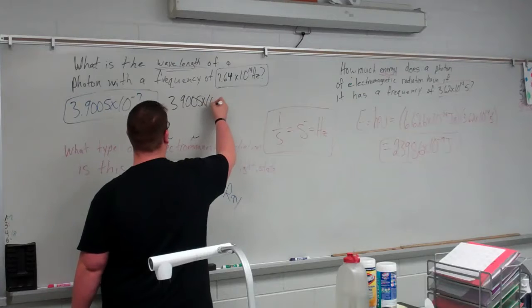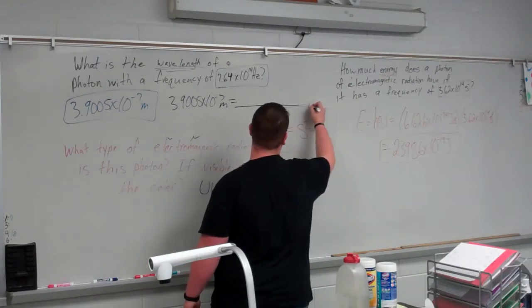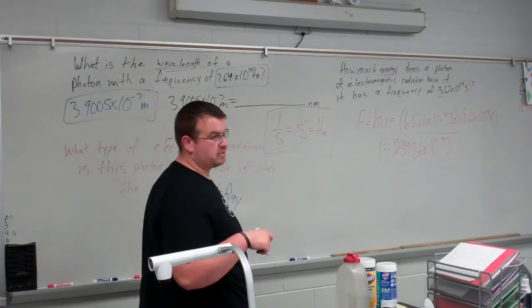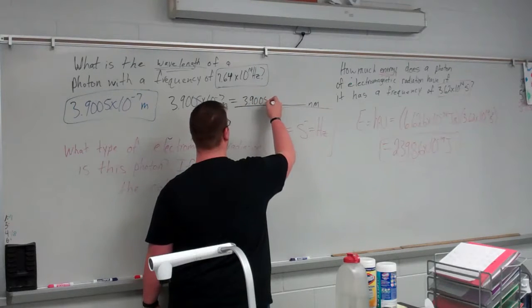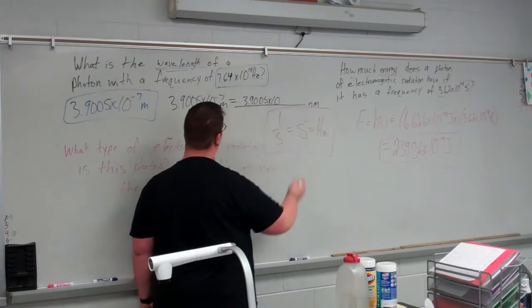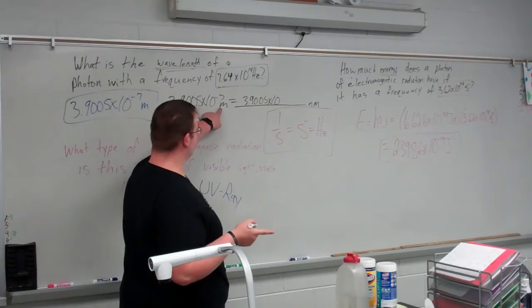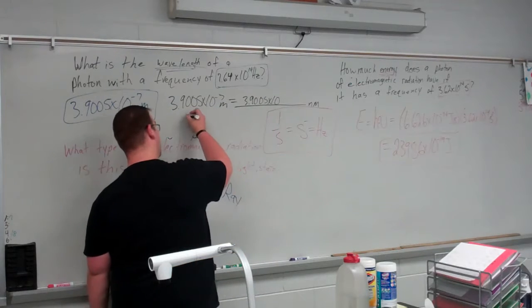3.9005 times 10 to the -7 meters equals how many nanometers? Apply the rule that we've always done. Prefix conversion first. Meter has no prefix, it's a base unit, so the number is 0.